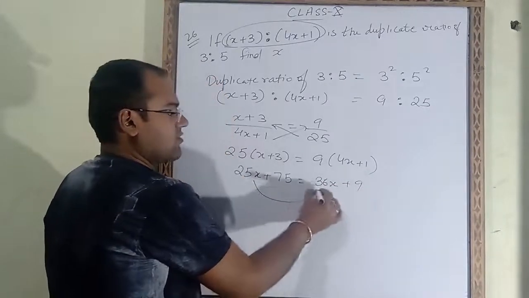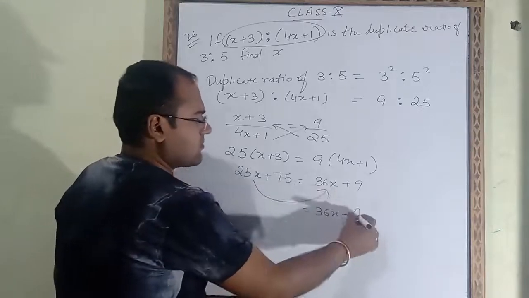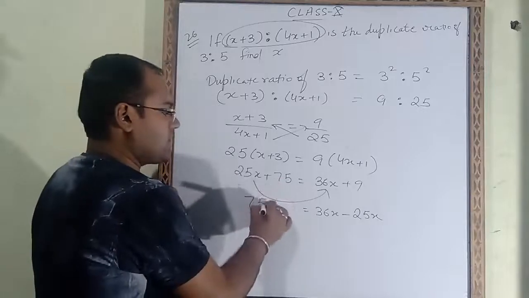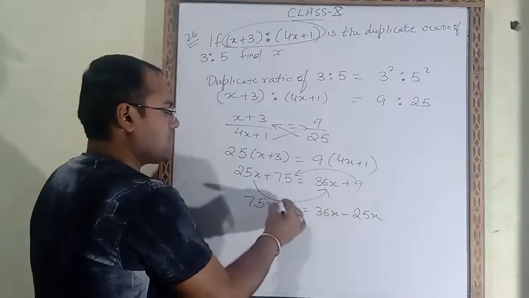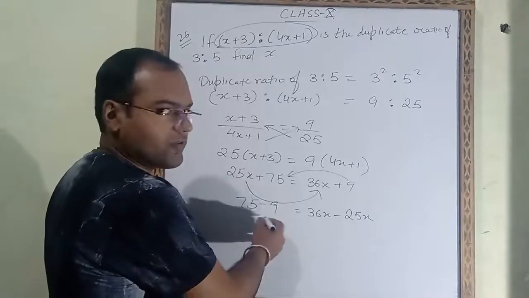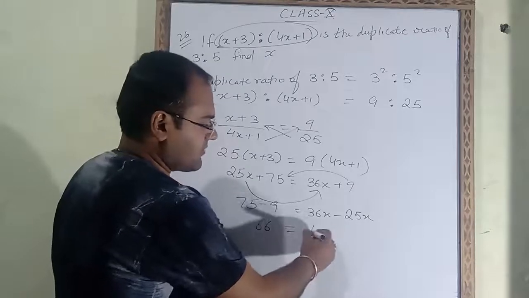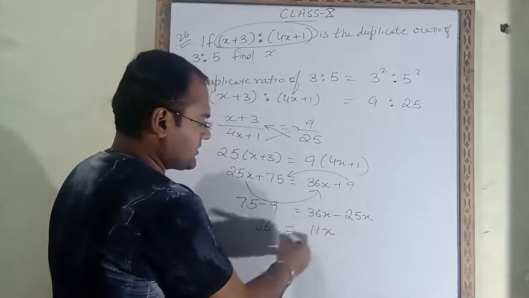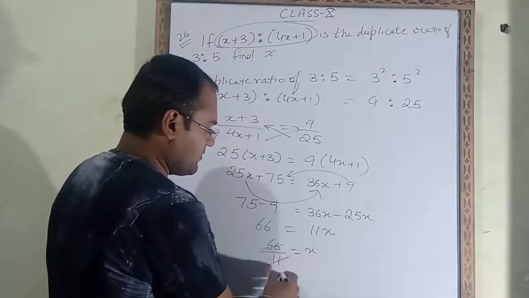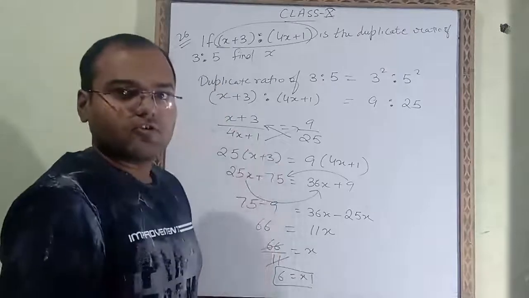This x we will bring to the right side, that means 36x minus 25x. 75 will remain here, 9 will go there, minus 9. Now we will subtract these two. The answer will be 66, and on subtracting here we get 11x. This 11 will come in divide: 66 divided by 11 is equal to x. The answer will be 6. So like this you have to do question number 26.